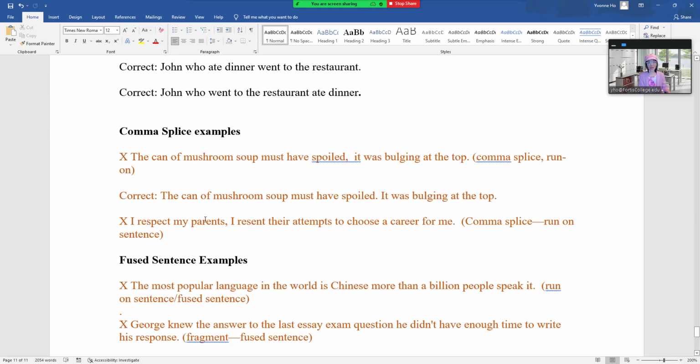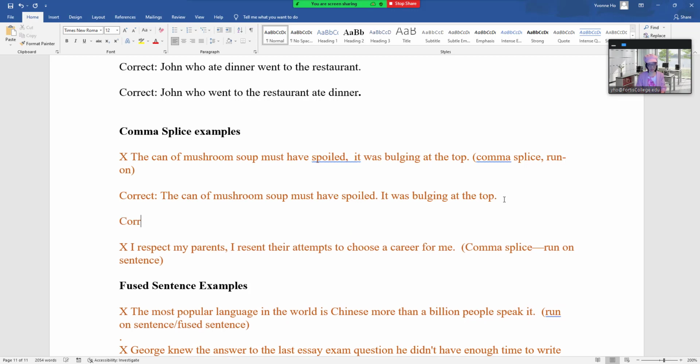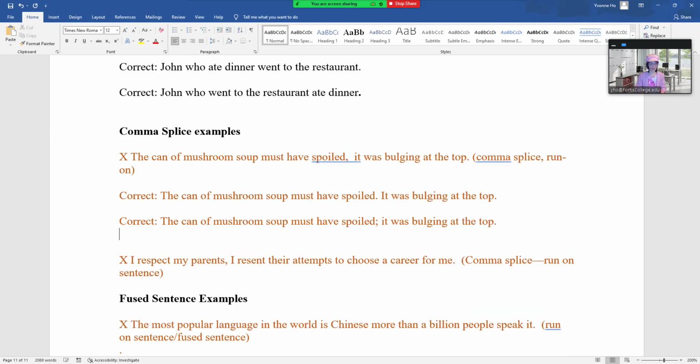So: the can of mushroom soup must have spoiled, period, it was bulging at the top. Or correct: the can of mushroom soup must have spoiled, semicolon, it was bulging at the top.